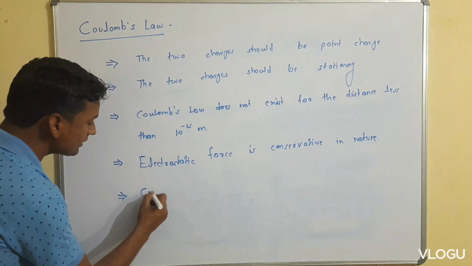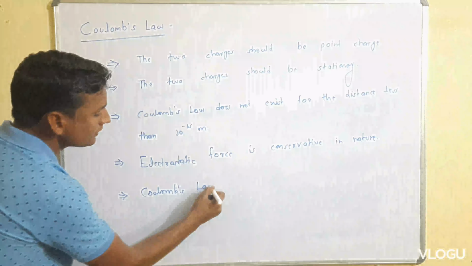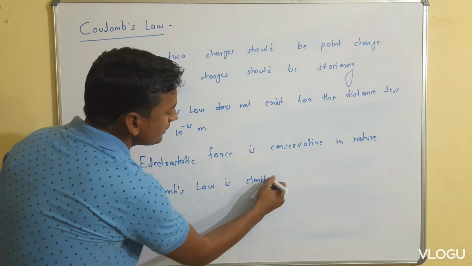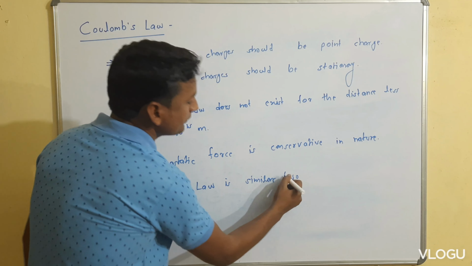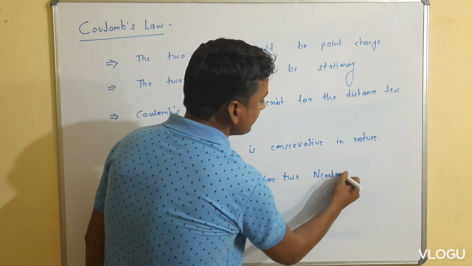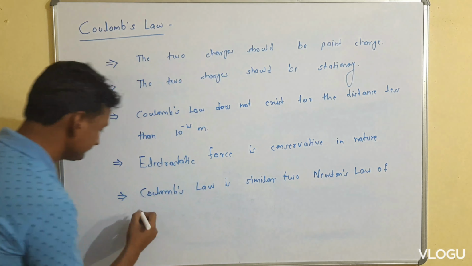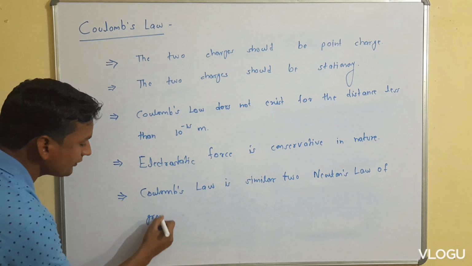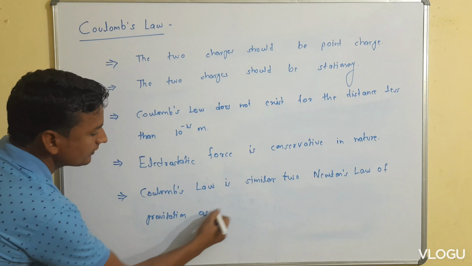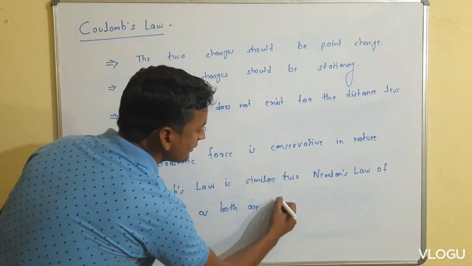So Coulomb's law is similar to Newton's law of gravitation, as both are inverse square laws.